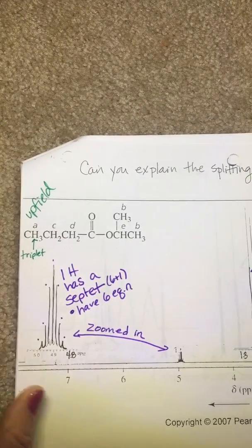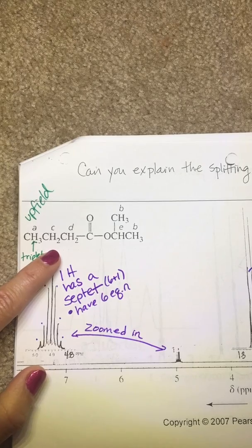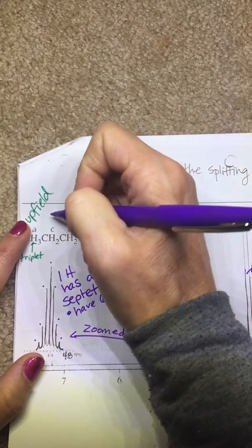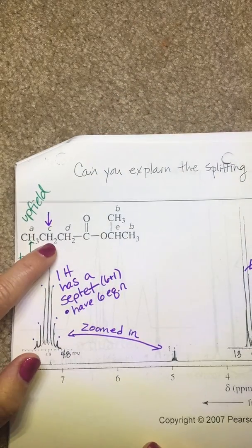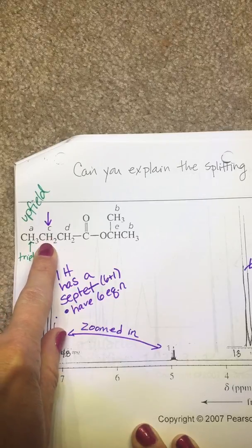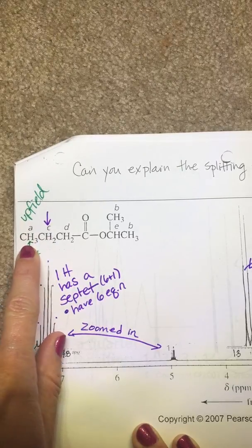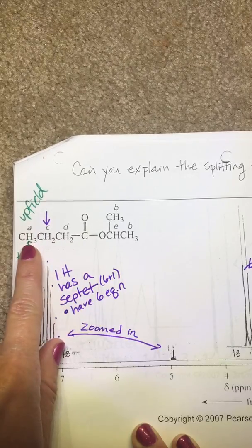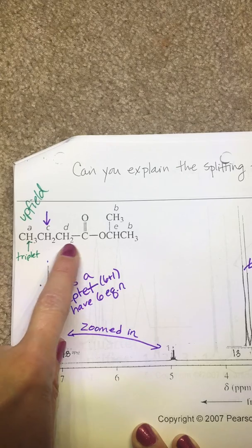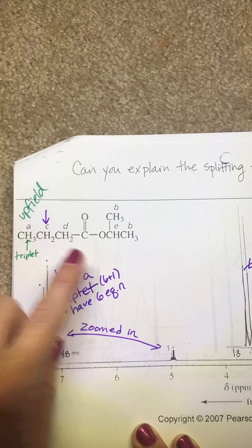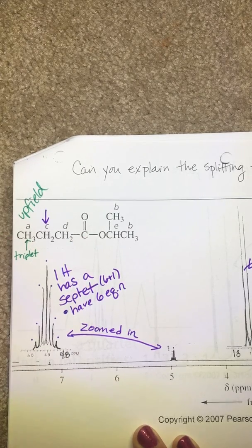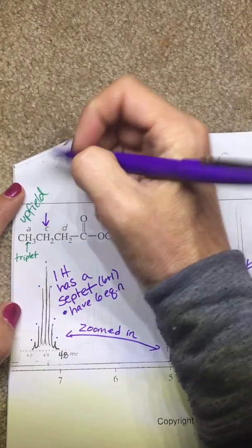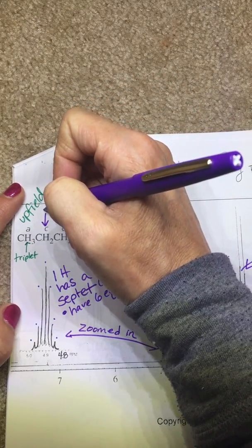All right, let's look at our little C guys right here. I'll switch to a different color. Those 2 hydrogens, let's count their neighbors, have 3 hydrogens to the left. They have 2 hydrogens to the right. Those are different types of hydrogens. That's a CH3, and then we've got a CH2 that's next to a carbonyl. So these ones have unequivalent neighbors.